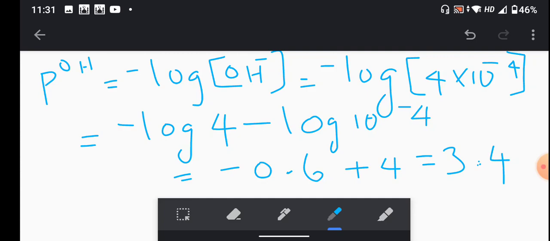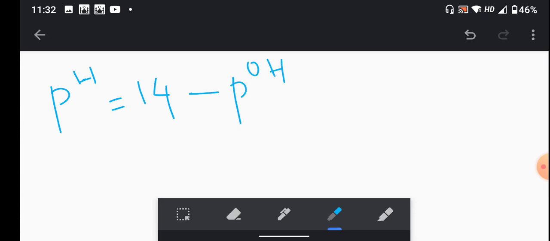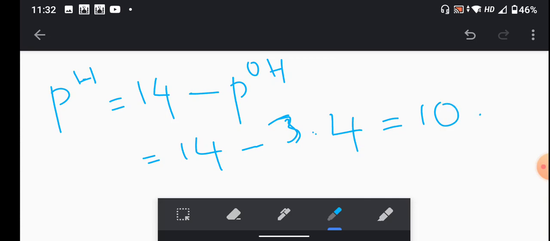So what will be the pH? pH is equal to 14 minus pOH, which is equal to 14 minus 3.4, which is equal to 10.6. Hope it's clear.